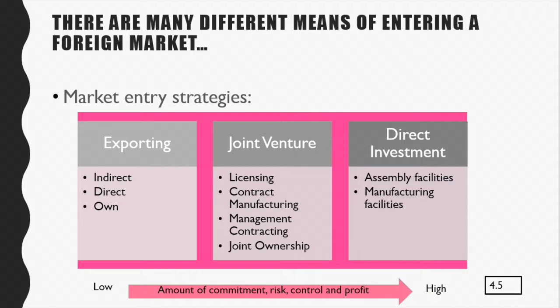But what is a benefit is that you can control your operations totally, or at least more than if you are exporting things. And also perhaps the profit can be higher in the end. So the arrow in the bottom of the picture is kind of important, and it kind of describes the benefits and drawbacks with each of these methods.